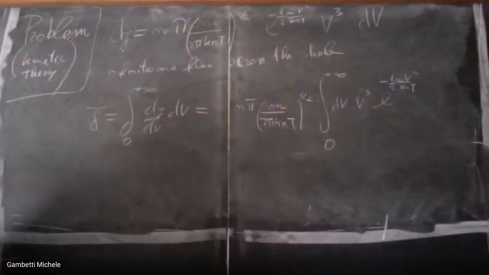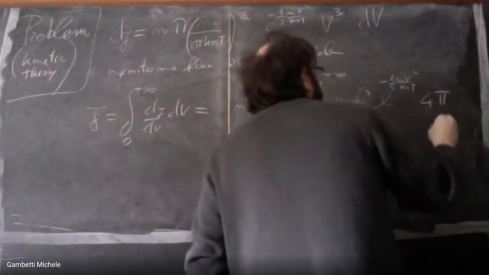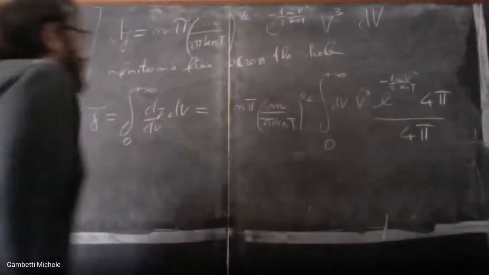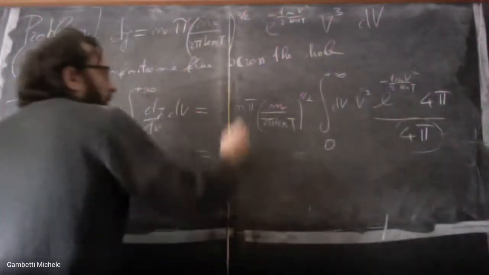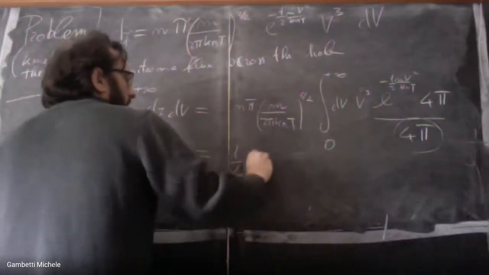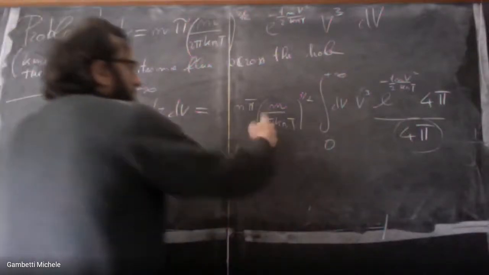Okay, so now let me do the following trick. I multiply by 4 pi here, and I divide by 4 pi. So this is equal now to, I take out this 4 pi, and I simplify with this, and I have 1/4 n. And what is the expression that is there?